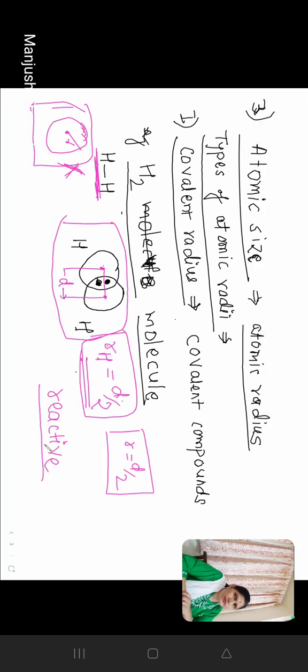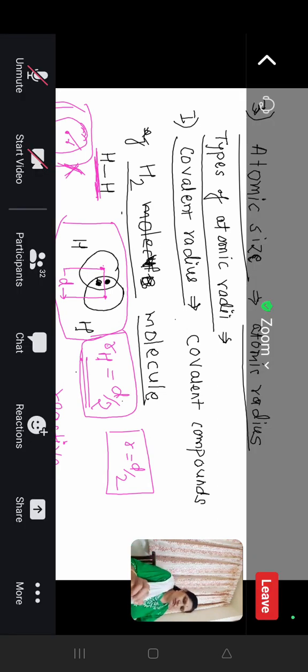Ma'am, how many atoms are needed in metals to create a molecule? It depends completely upon their valency.